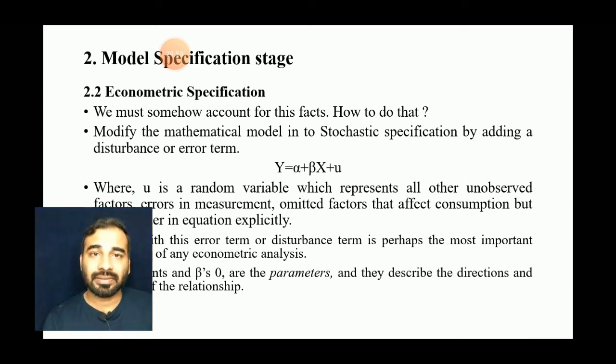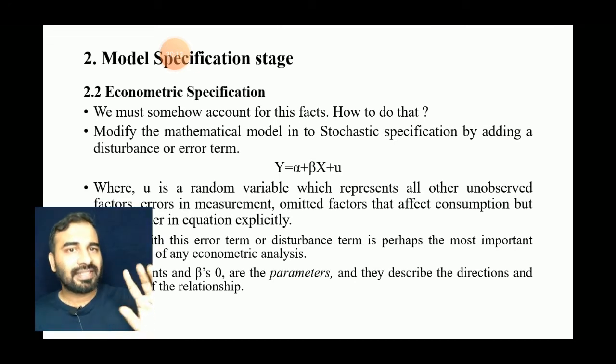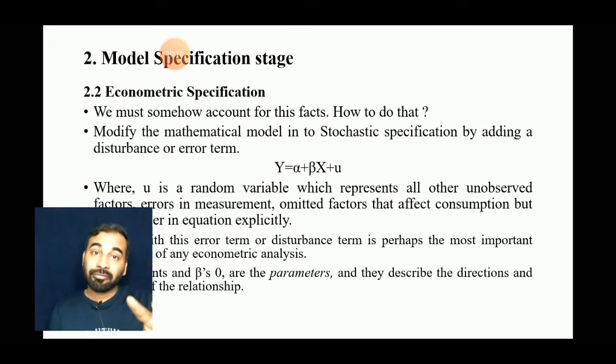There is wealth, but we cannot measure it. So what we are doing, we are putting a variable U. There are certain variables that even we cannot name, that also we are capturing by U. So U is a random variable that will capture all other variables that are omitted from our model. But they will have an impact on your consumption.